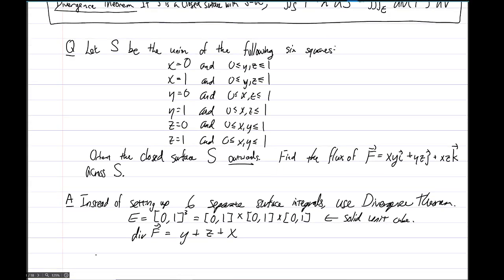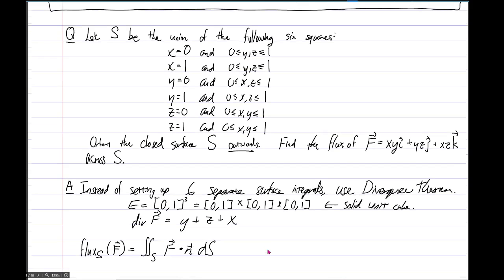Okay, so then the flux. I'm just going to introduce some notation. I don't think the book uses it as standard, and I won't either, but just to be a little lazy about it here. The flux of the vector field F across the surface S. The direct way to do it is the double integral over the surface S of F dot the oriented normal dS, except that this integral itself is a little misleading because when you actually implement it directly, you'd have to do it as 6 separate double integrals.